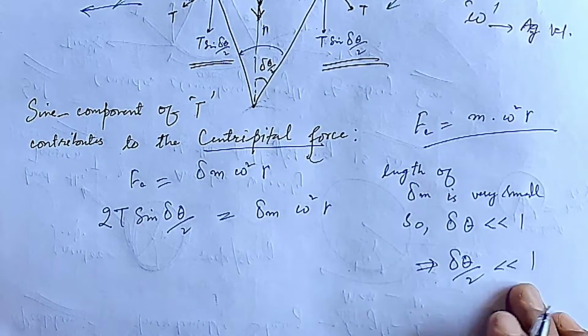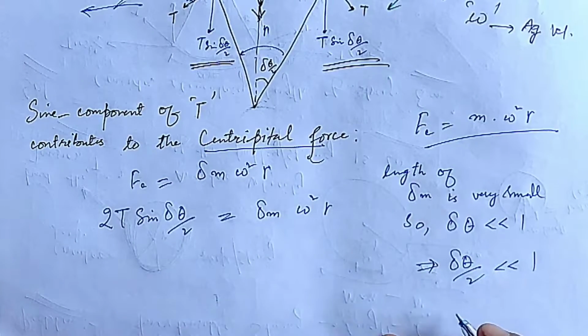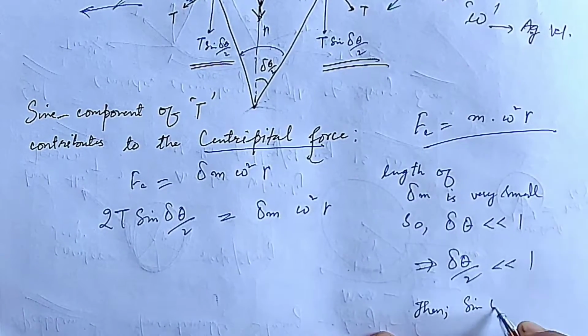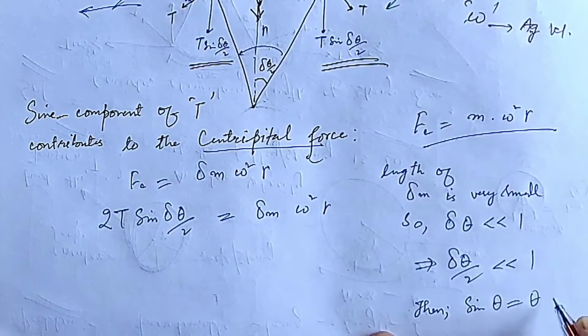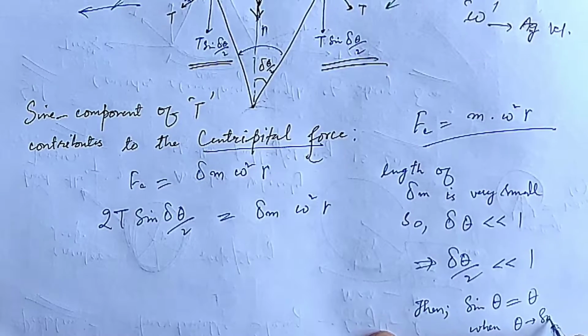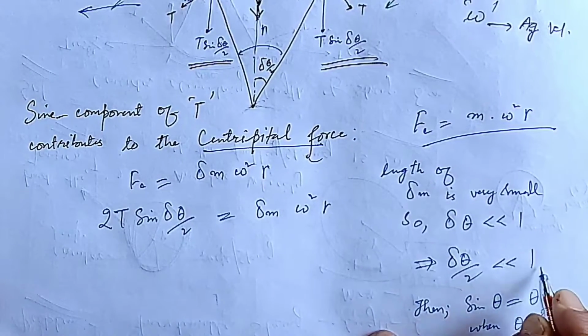If the angle is very small, then we know that sine of theta is equal to theta when theta is very much less than 1.